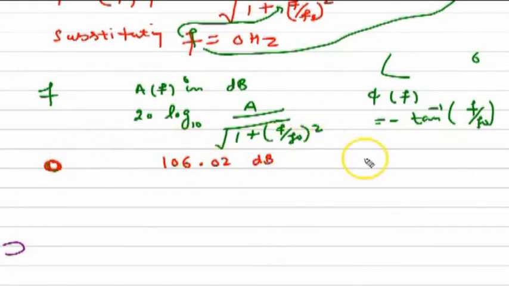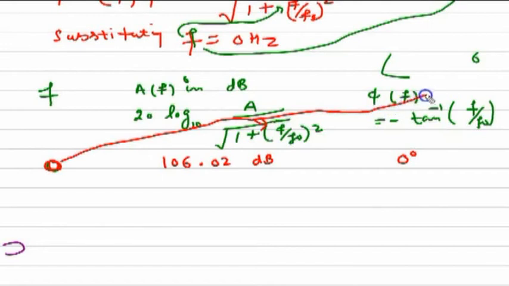Substituting A, the value becomes 106.02 decibel, and the phase becomes 0 degree. So at 0 frequency, the gain is 106.02 decibel and the phase angle is 0.